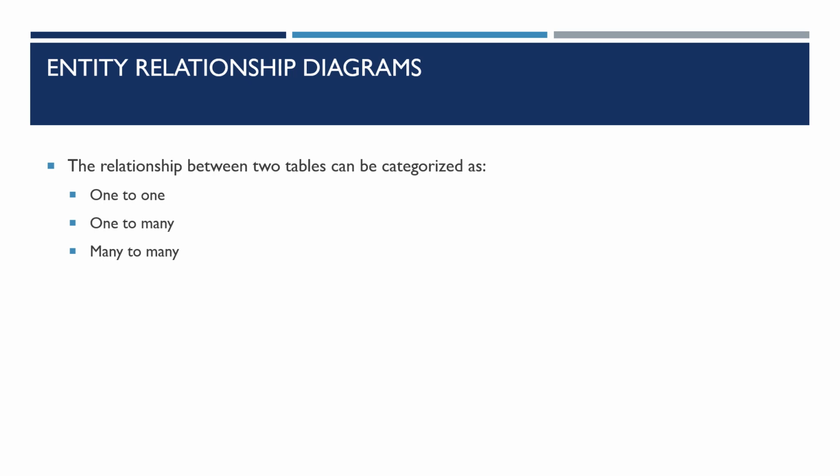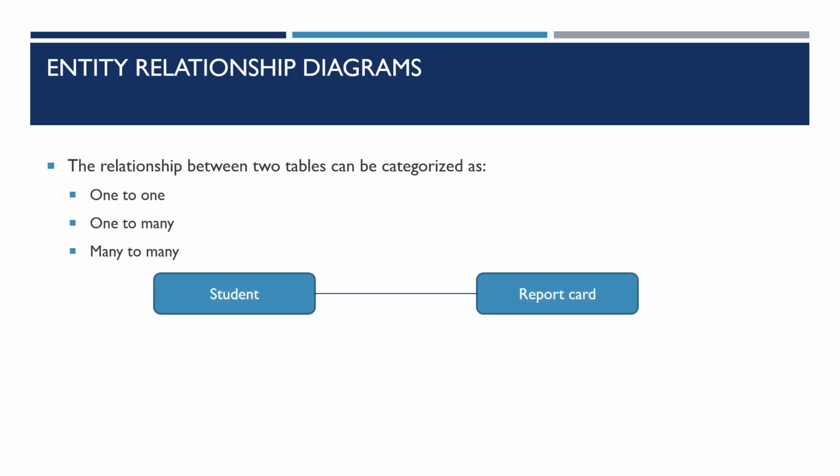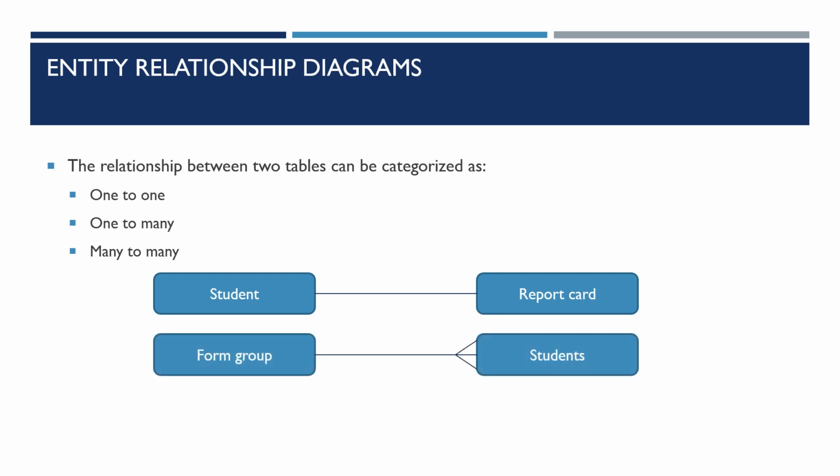For instance, a student and report card have a one-to-one relationship. This is because any one student will receive one report card, and any one report card will be for only one student. If we look at a form group and students, then we can say that any one form group will have many students, but any student will only belong to one form group.